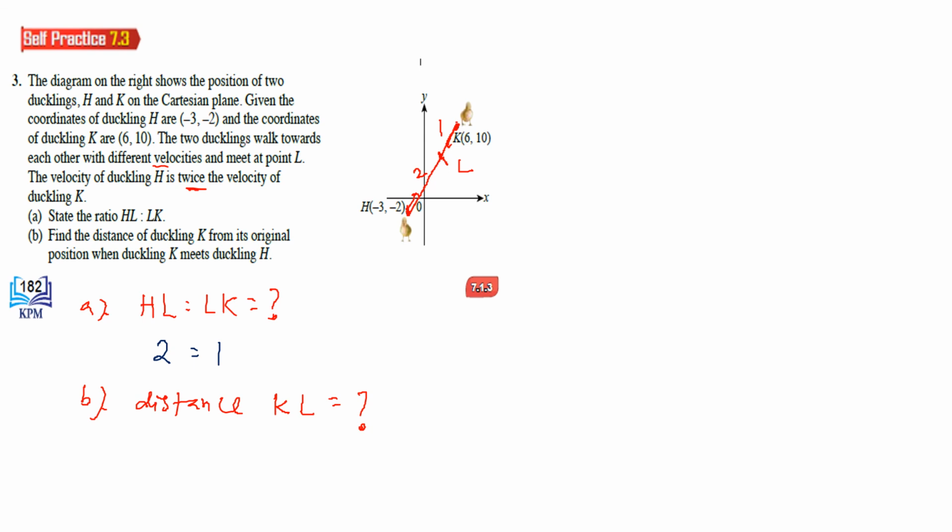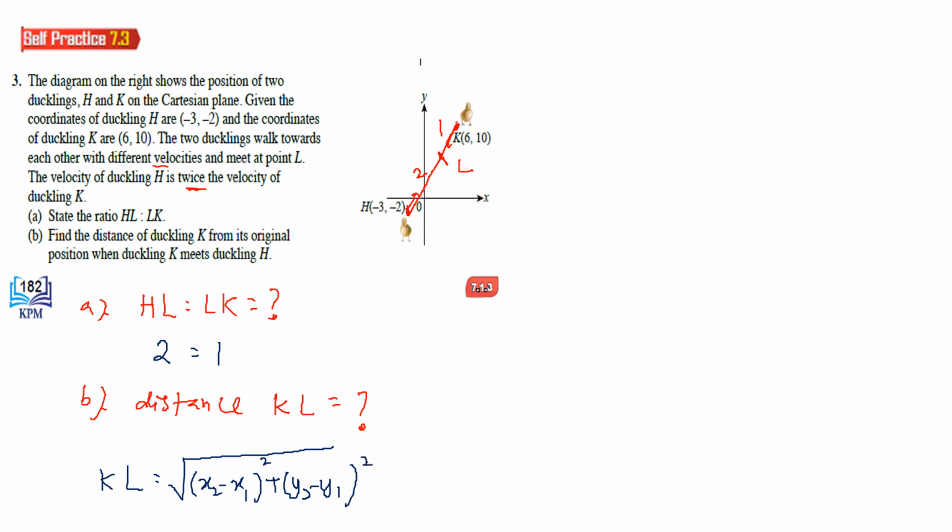We are going to find the distance of KL. So we recall the formula of distance of 2 points. Now we are given 2 points, which is KL. So the formula of distance of KL, using the Pythagoras, we will obtain this: square root of (x2 minus x1) all squared plus (y2 minus y1) all squared.